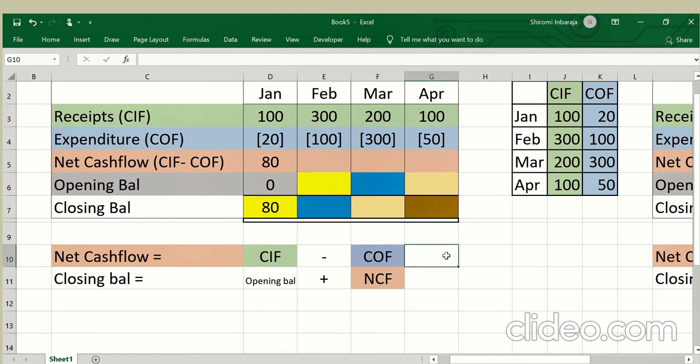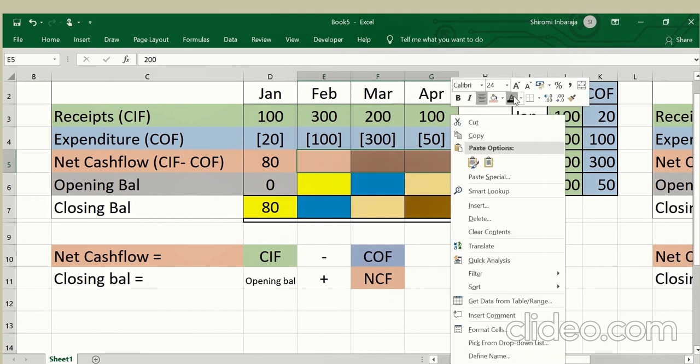Now this closing balance appears as the opening balance for Feb. So let's find out the net cash flows for Feb, March and April.